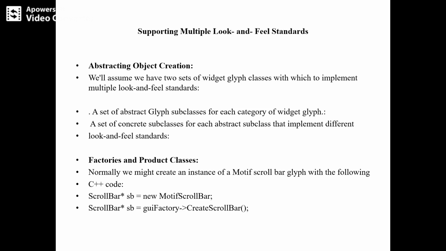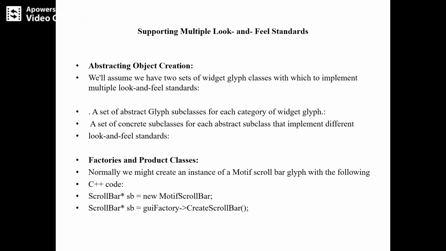So in abstracting the object creation, we will come to know that Lexi must distinguish between the widget glyphs for different look and feel styles. For example, when Lexi needs to put a button in the interface, it must always instantiate a glyph subclass for the right style of the button.